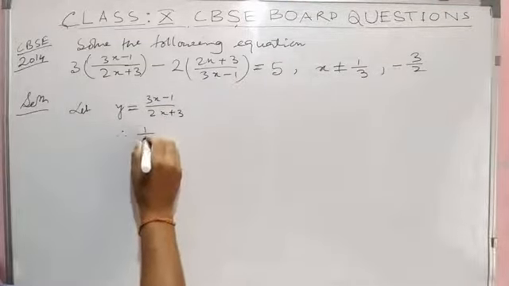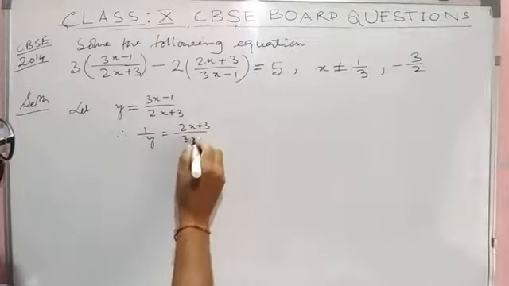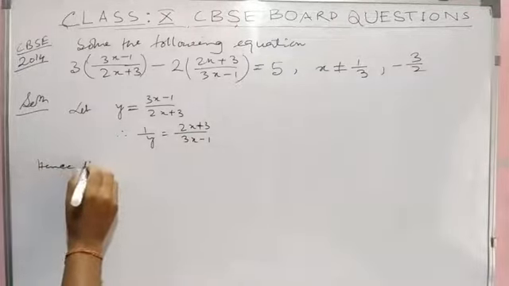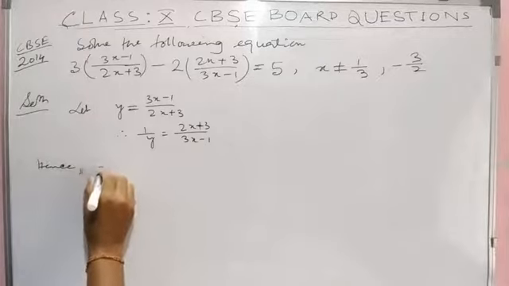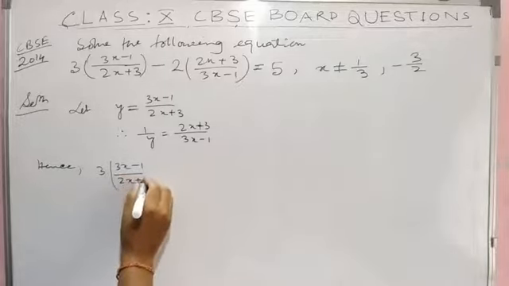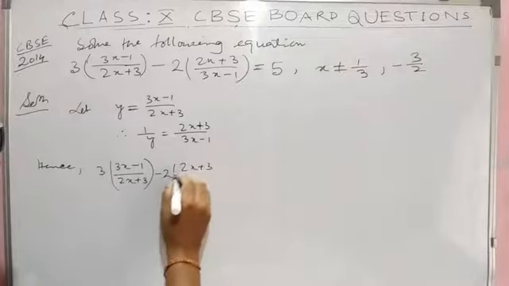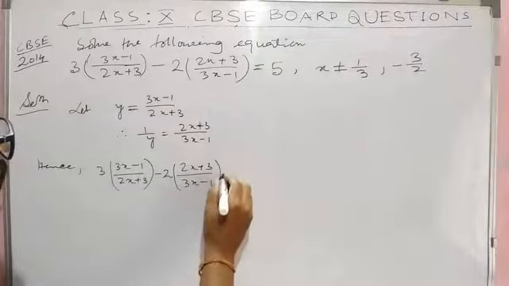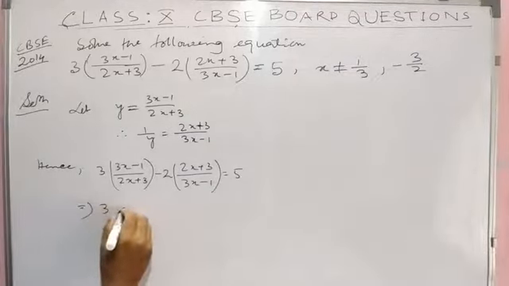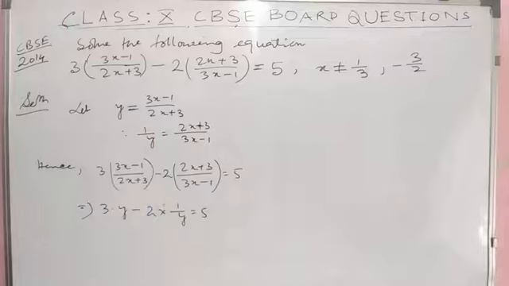Therefore 1 by y equal to (2x plus 3) by (3x minus 1), and hence 3 times (3x minus 1) by (2x plus 3) minus 2 times (2x plus 3) by (3x minus 1) equal to 5 becomes 3 into y minus 2 into 1 by y, as we have got this.